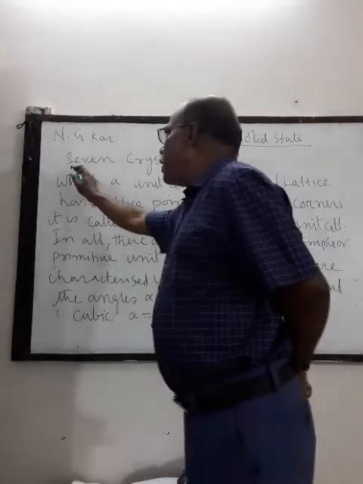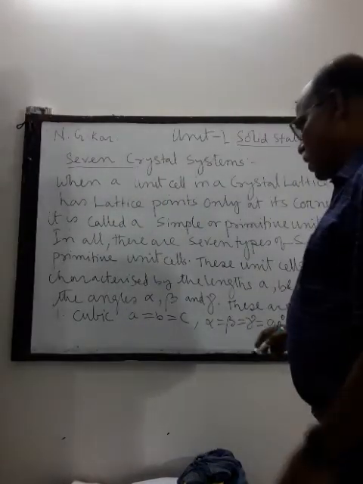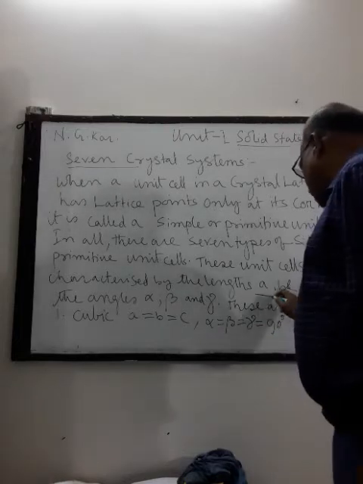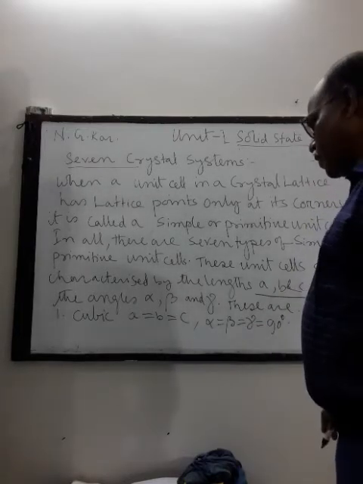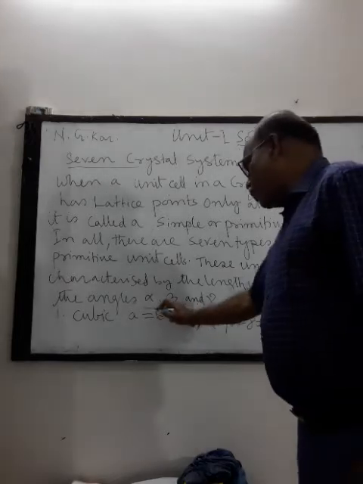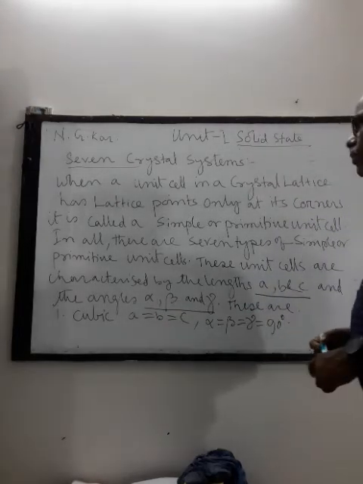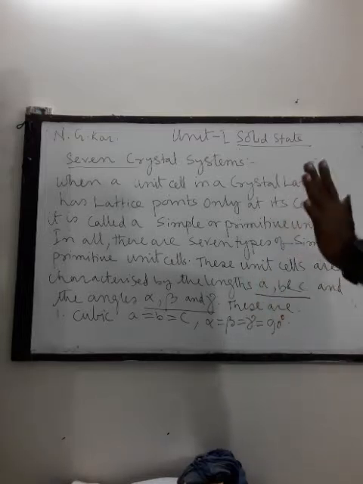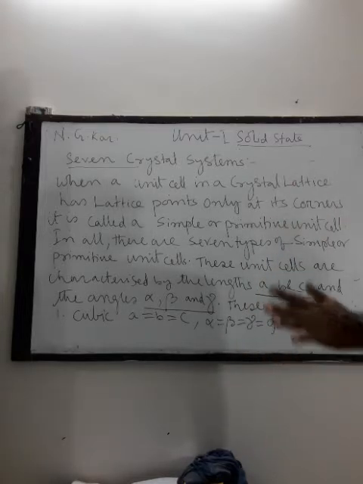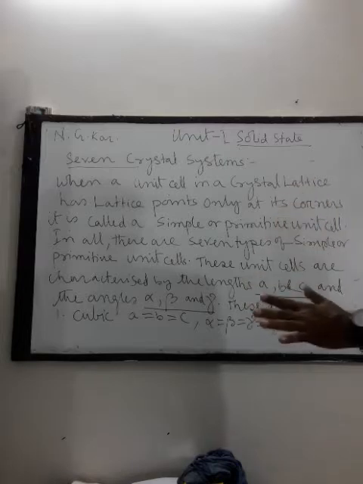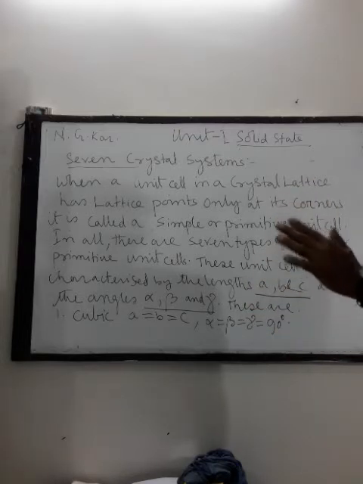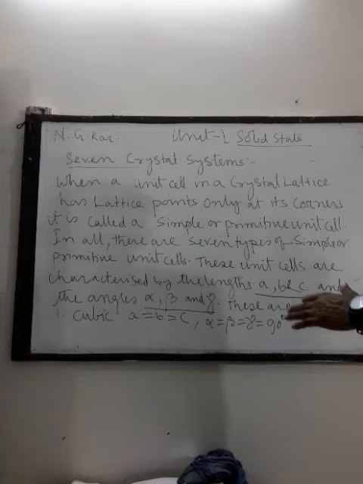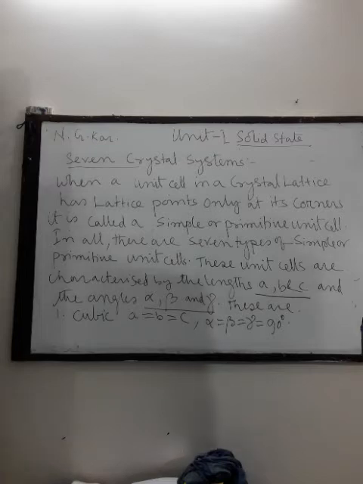So there are 7 crystal systems in the simple or primitive unit cell depending upon A, B and C, and also the angles between sides, that is alpha, beta and gamma.